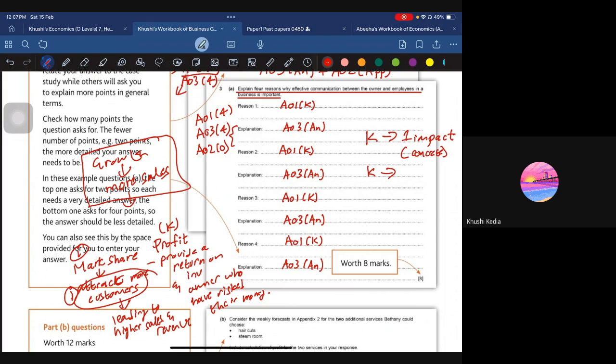Here in your eight marker, you have enough playing space that you can easily make the examiner understand what you mean by that, and a good chain can be established very easily because you have more space as well. There, in the six marker, you do not have enough space and you have to write only one impact. So that one impact should be very concrete.